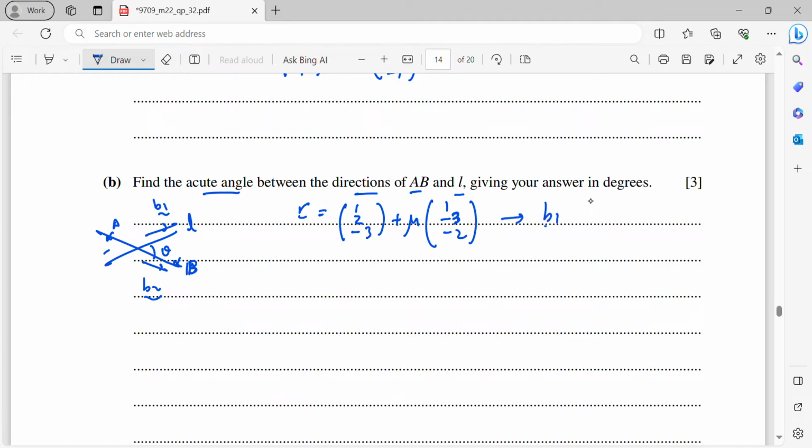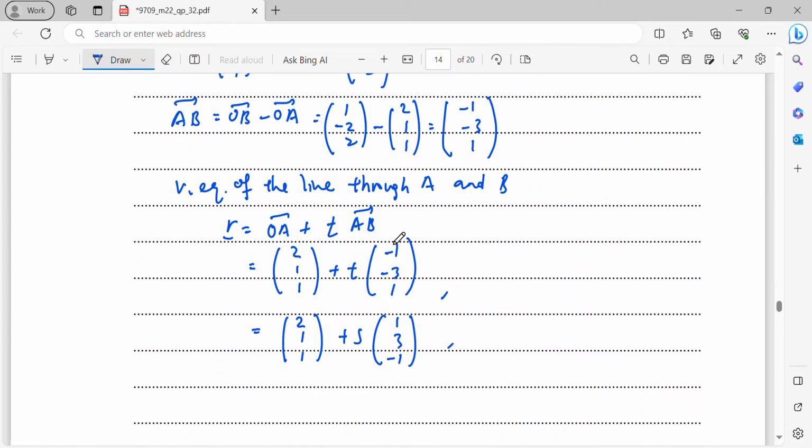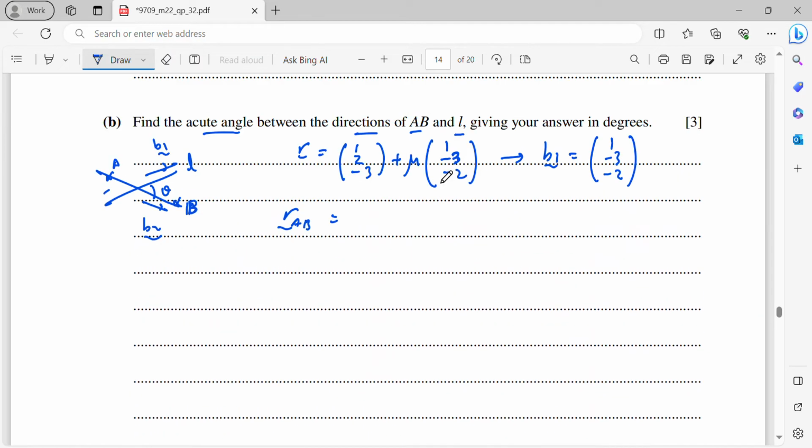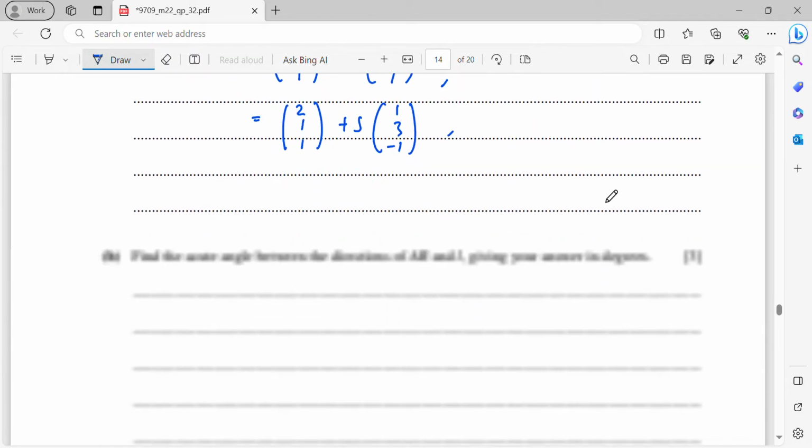So now my b1 is (1, negative 3, negative 2). For the line r AB, I have found previously (2, 1, 1) plus s (1, 3, minus 1).